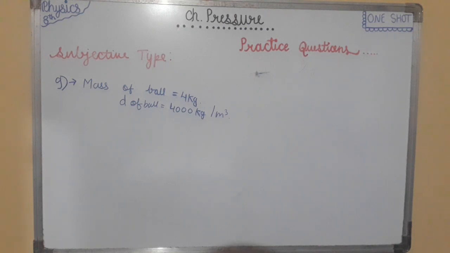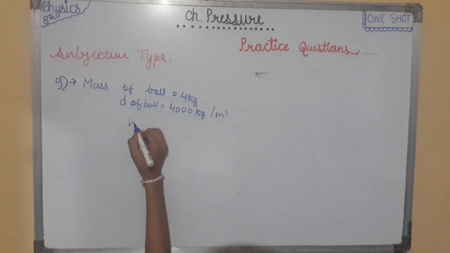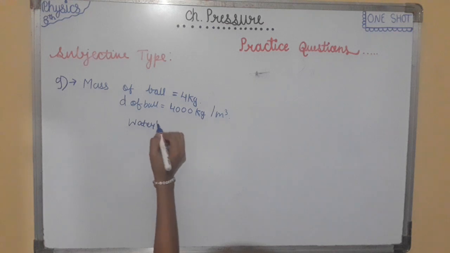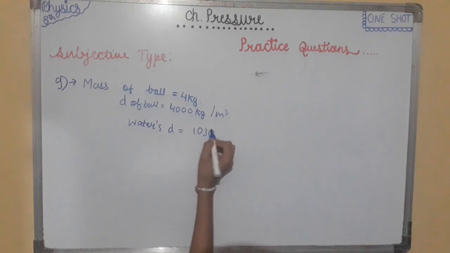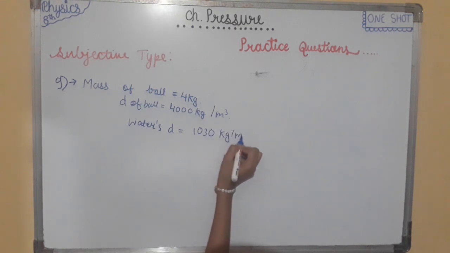Water's density is also given, that is 1030 kg per meter cube.